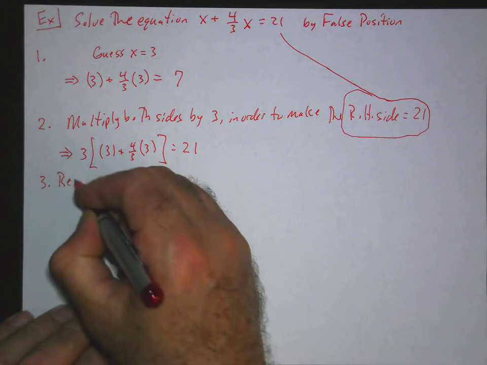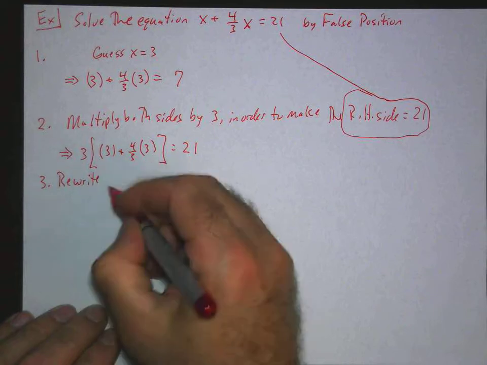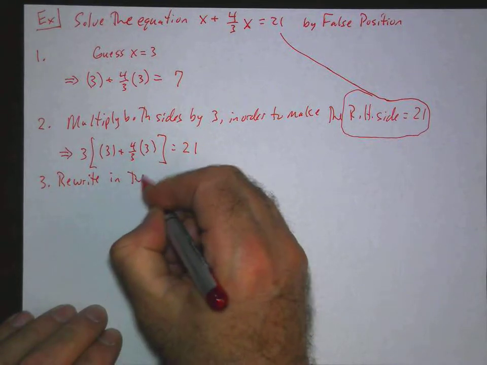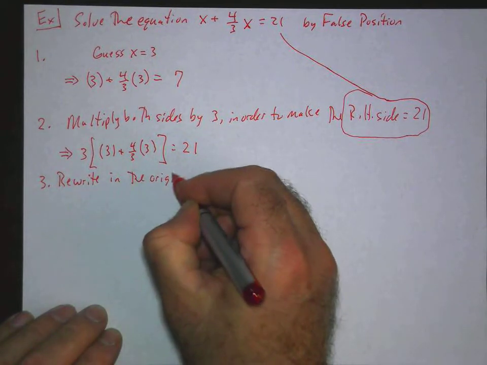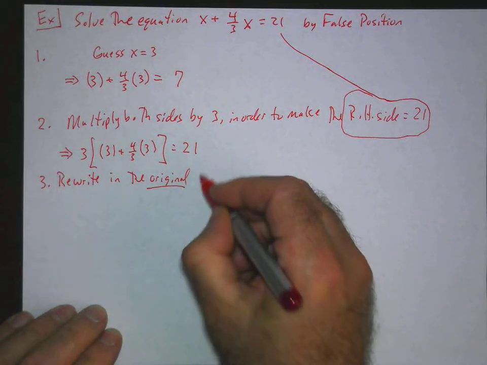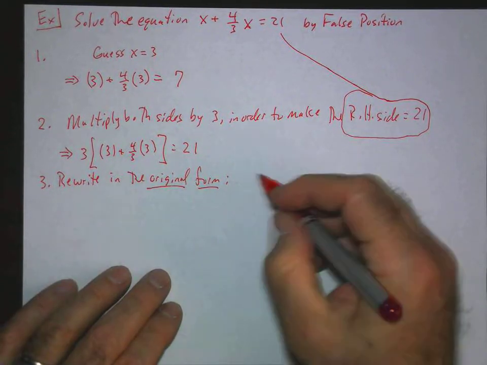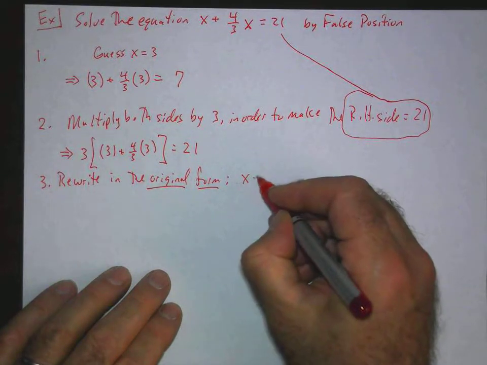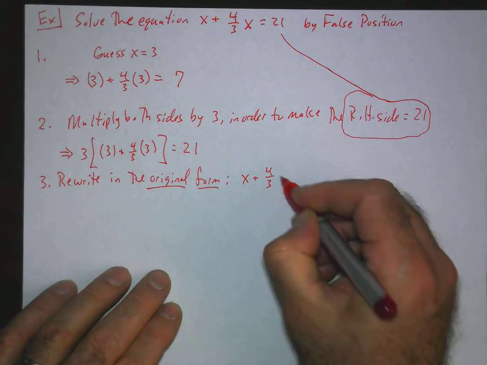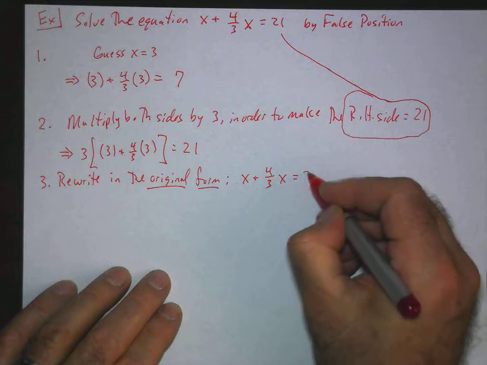In the final step, rewrite in the original form, and that original form was x plus 4/3 x equals 21.